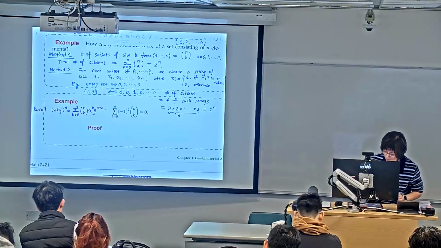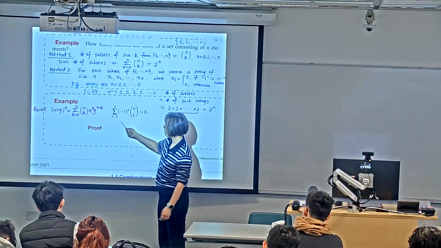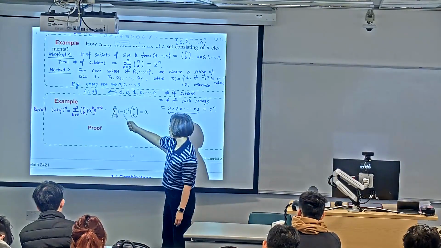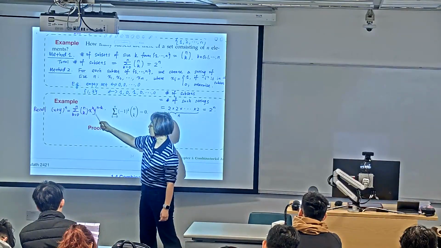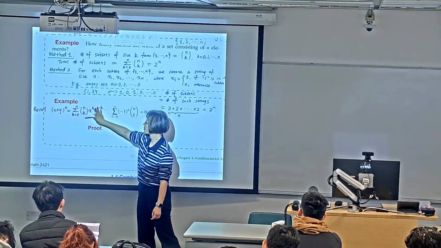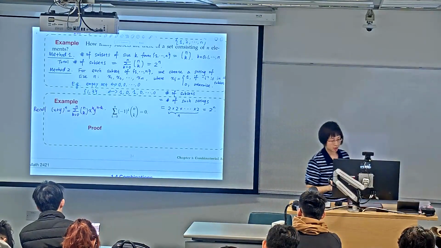Okay. So the right-hand side is already similar to the identity we want to prove here. We just need to create this minus 1 to the power k. So we can see that if we set y equals 1 and set x equals minus 1, this is exactly identical.